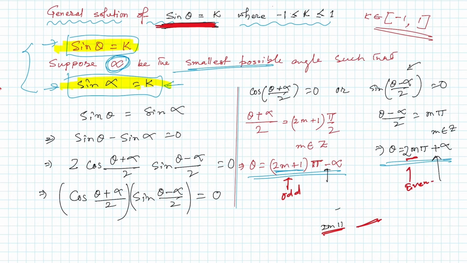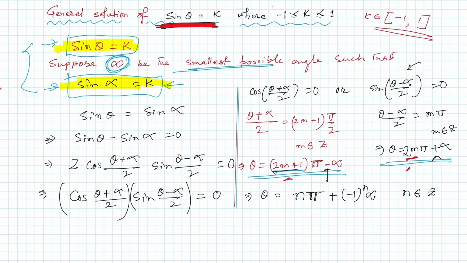So combining these two results, we can write theta is equal to n pi plus minus 1 to the power n into alpha, where n belongs to Z. We have replaced twice m plus 1 and twice m by n. That means n may be even, or n may be odd.